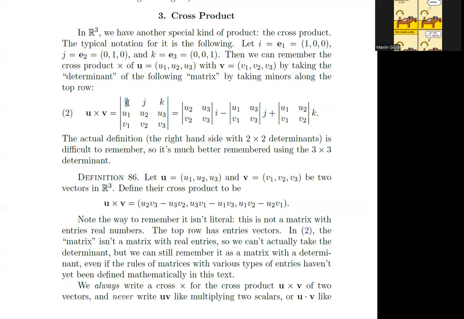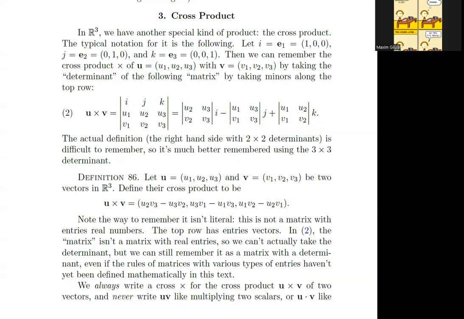It's not a real matrix because some components are actually vectors, but we still multiply them the same way. We take I times the minor here, and then we take, for example, J times this other minor here with a minus sign, etc. So you compute it just like a determinant.